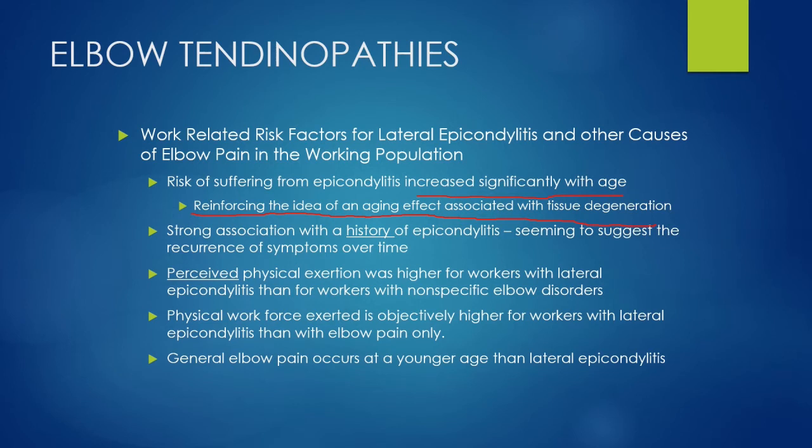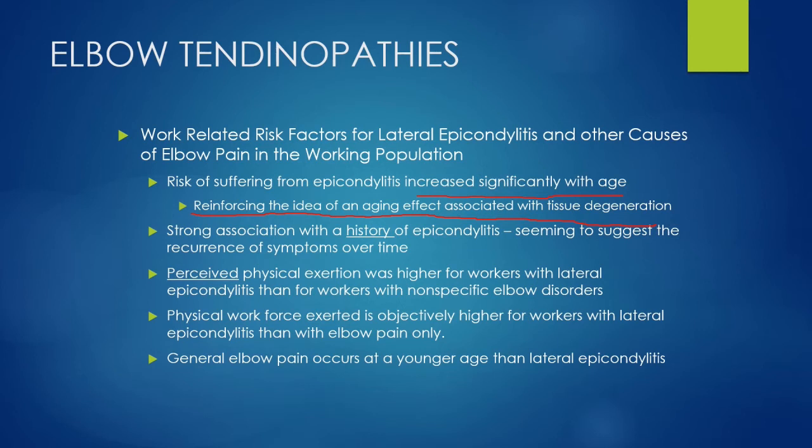And you probably know this from your clinical practice where patients coming into your office greater than 50 and into their 60s and 70s complain of all manner and all form of tendinopathies, especially up in the shoulder.